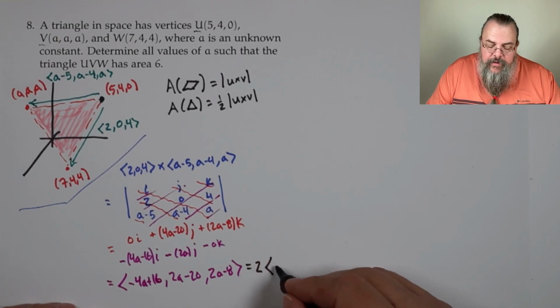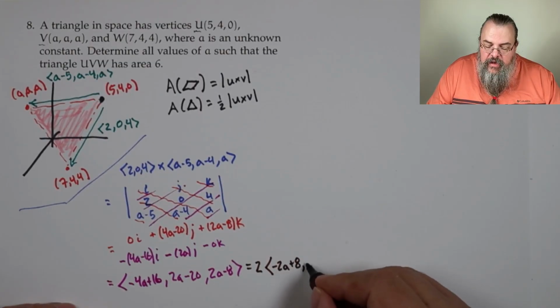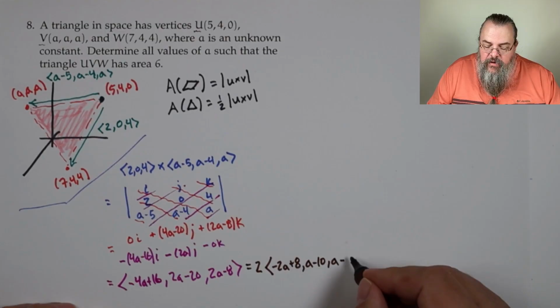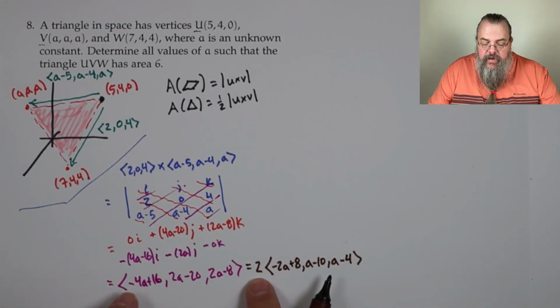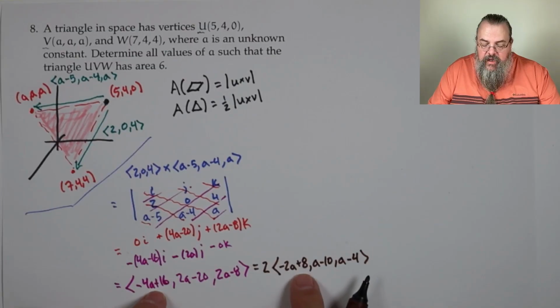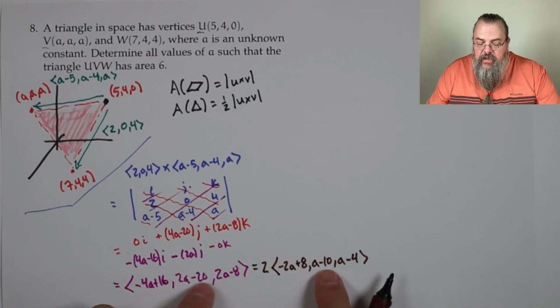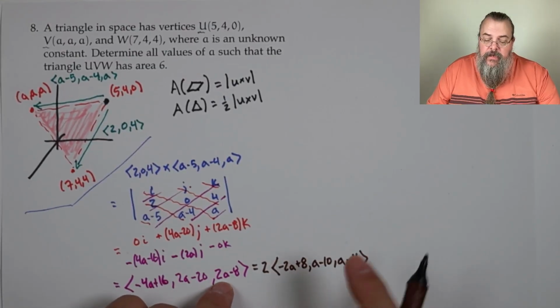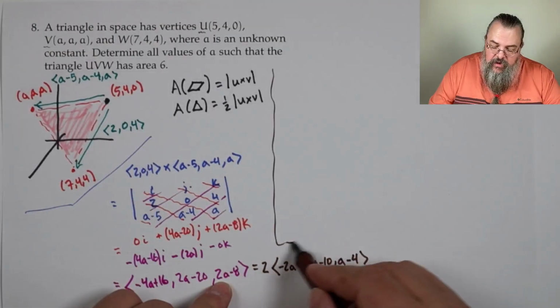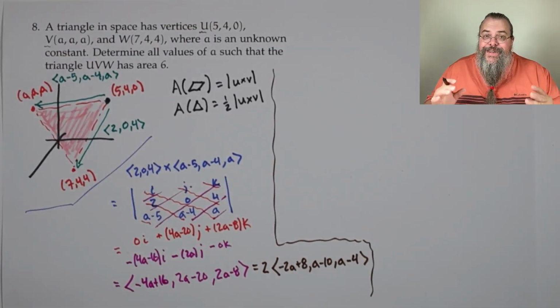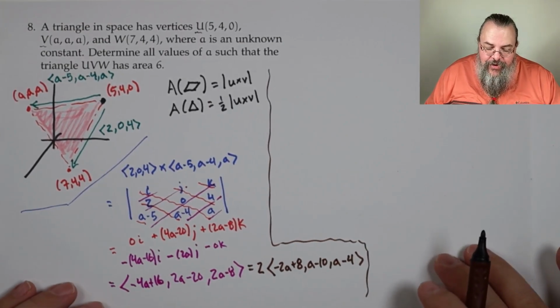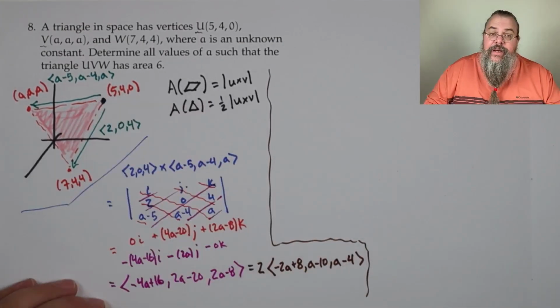Then we have minus 2A plus 8, A minus 10, and A minus 4. I took every term and divided by 2: ⟨minus 2A plus 8, A minus 10, A minus 4⟩. So we've now found the cross product. We are getting closer. We know we have area 6.